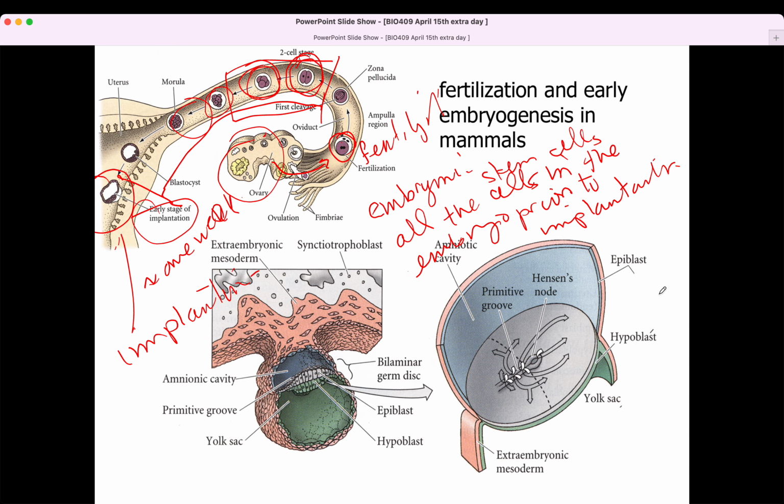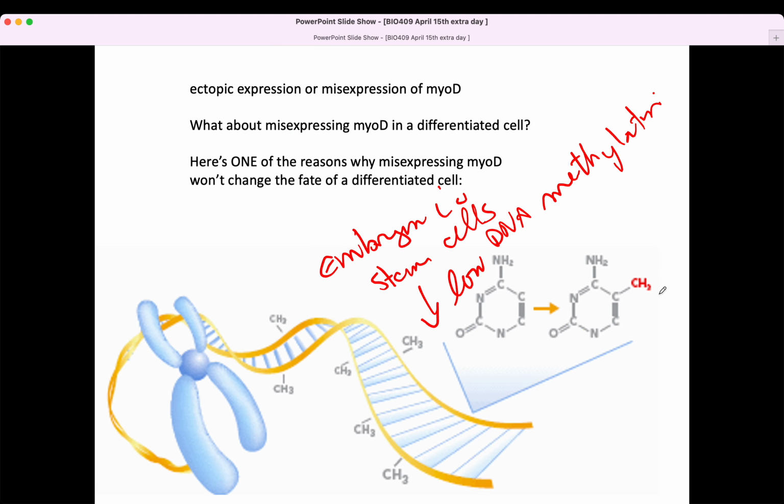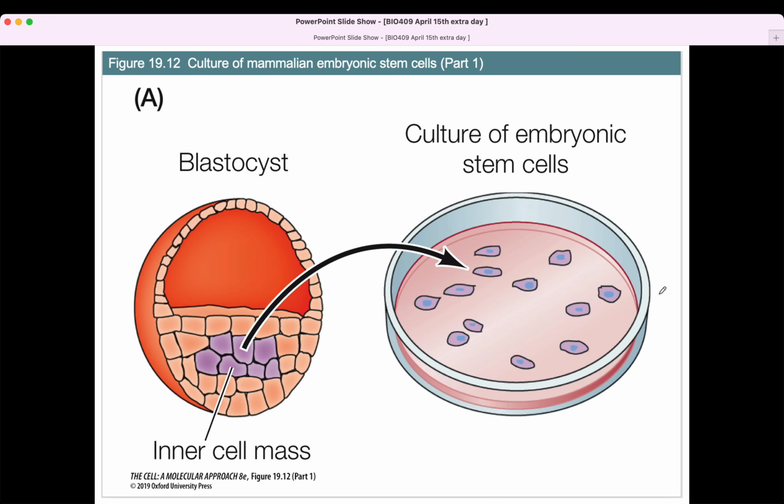Okay, all right, and so because of those characteristics, embryonic stem cells can be taken from an embryo and grown in a dish like we talked about. So here's a sterile dish with liquid nutrients in it, and these are embryonic stem cells. And they're dividing symmetrically, so we can increase that population.